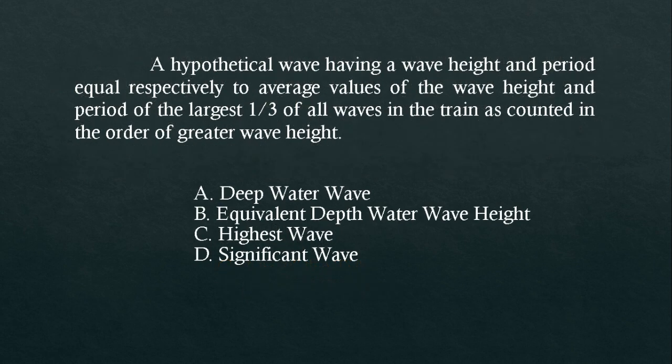a hypothetical wave having a wave height and period equal respectively to average values of the wave height and period of the largest third of all waves in the train as counted in the order of greater wave height.